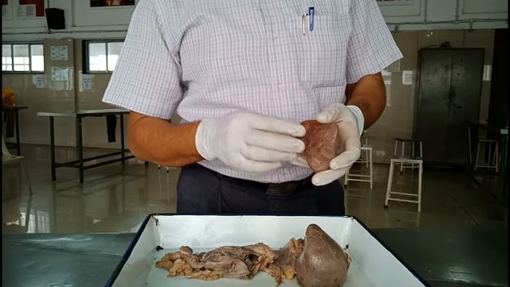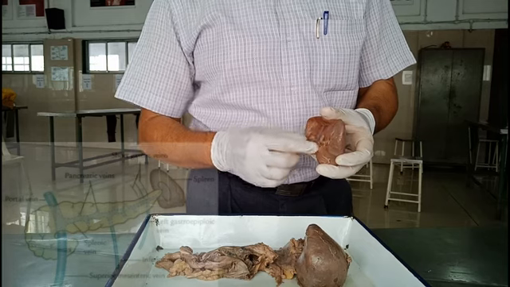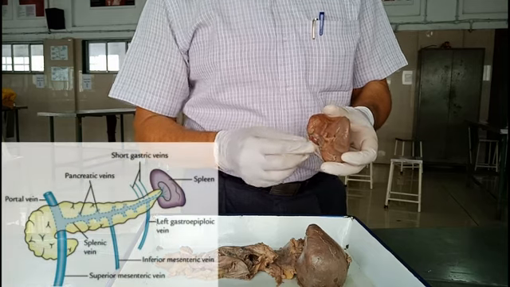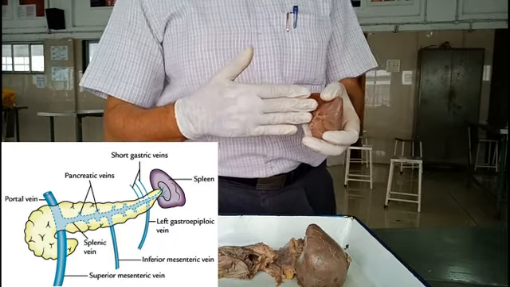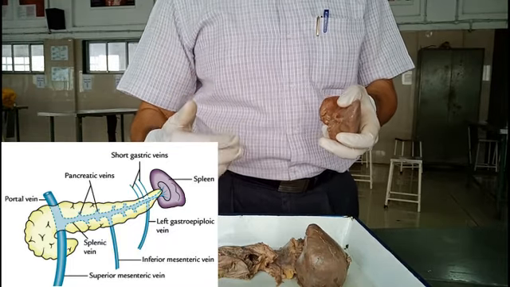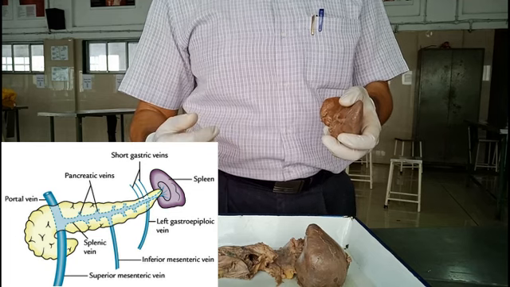So that is the importance of the arterial supply of the spleen. Now coming to the venous drainage. The veins of the spleen drain through 5 or more tributaries, and at the hilum the splenic vein is formed, running behind the pancreas, and at the neck of the pancreas it joins with the superior mesenteric vein forming the portal vein.